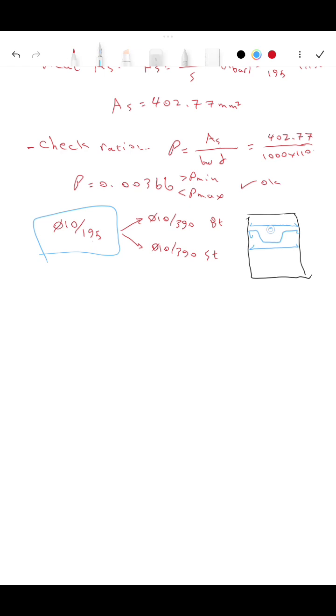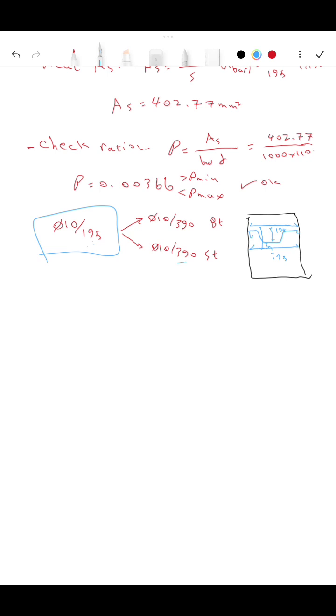The space between this steel bar and this steel bar is 195, because the main steel bar we have is the space between each one, and the other one is 195. But then from this bent up bar to this straight bar, we have another 195. So the real space between this straight and this straight is 390.